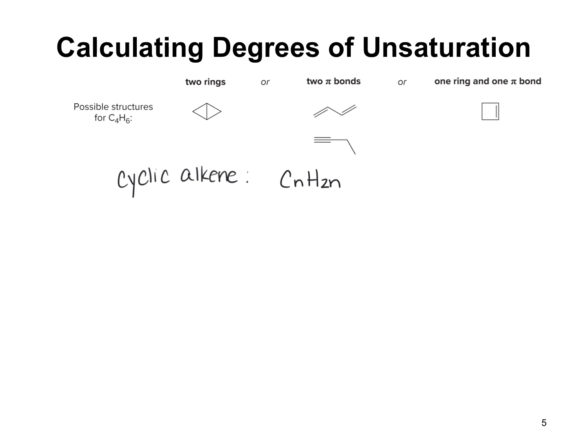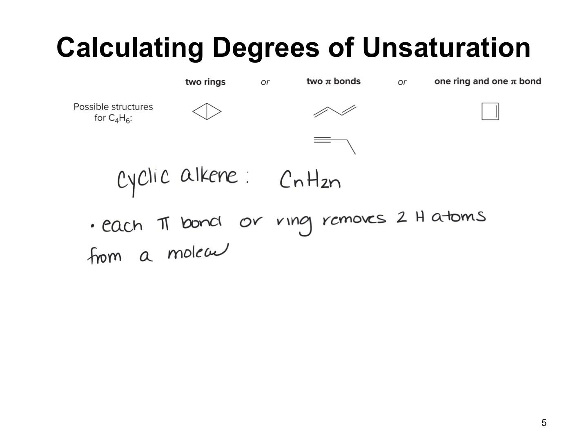So what happens here is that each pi bond or ring removes 2 hydrogen atoms from a molecule, and that introduces 1 degree of unsaturation.